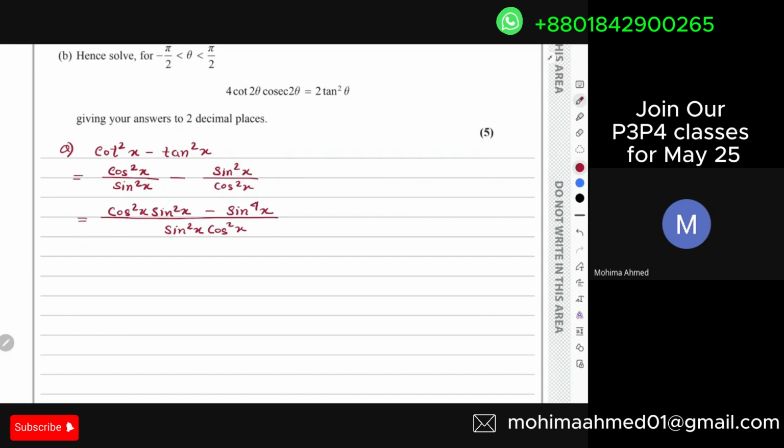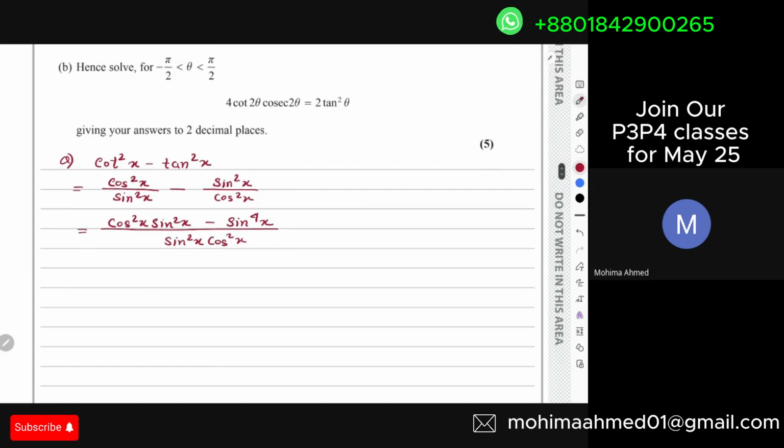Oh wait, sorry, I made a mistake, I think. We're supposed to have cos power 4 here also, right? Because cos square x and cos square x were multiplied with each other. So we have cos power 4x minus sine power 4x, divided by sine square x and cos square x.